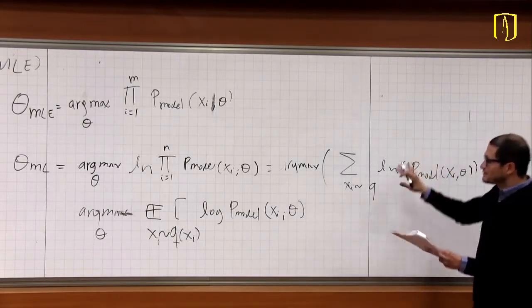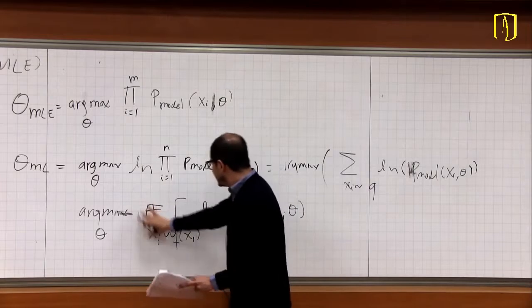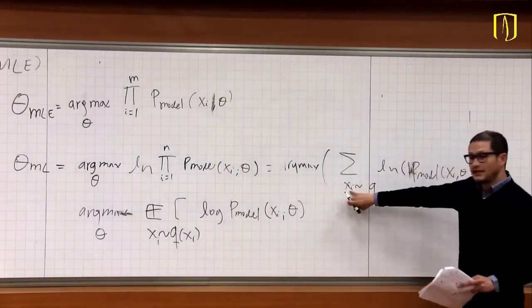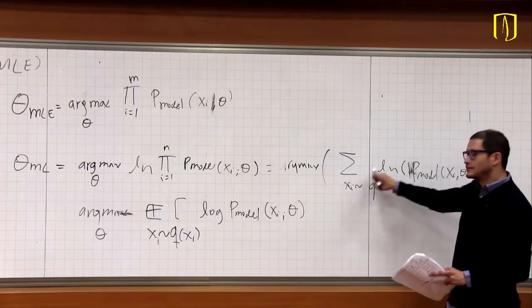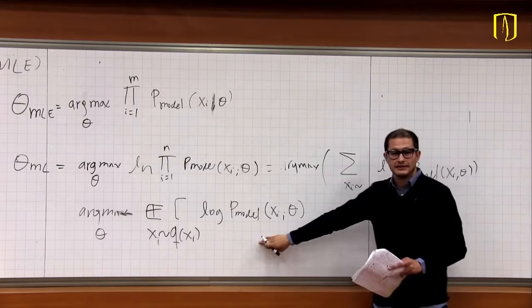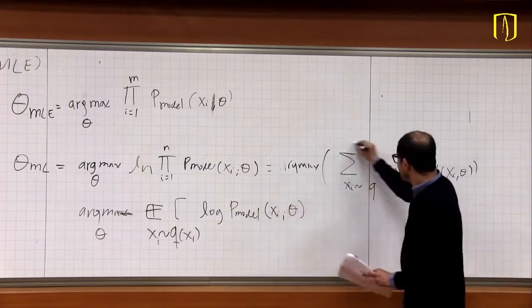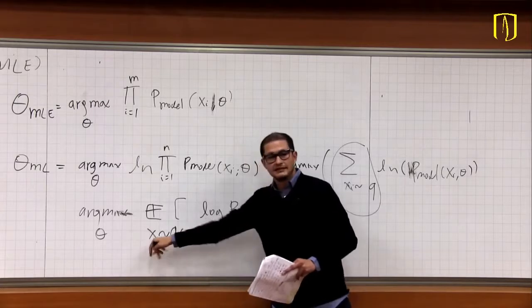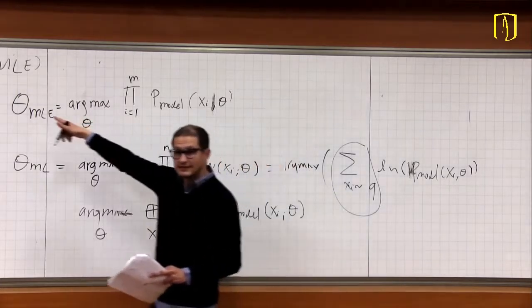And this is approximately equal to the expectation value over x distributed according to q of the log of the model. So I write this sum as an expectation value over x distributed according to your data.